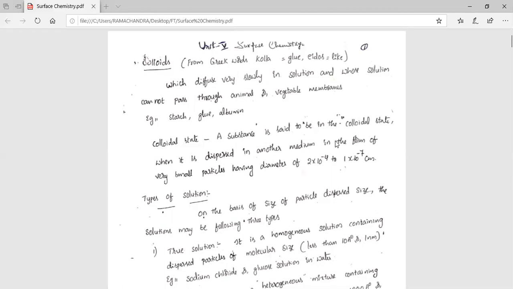So next we see the colloids. Colloid is derived from a Greek word.